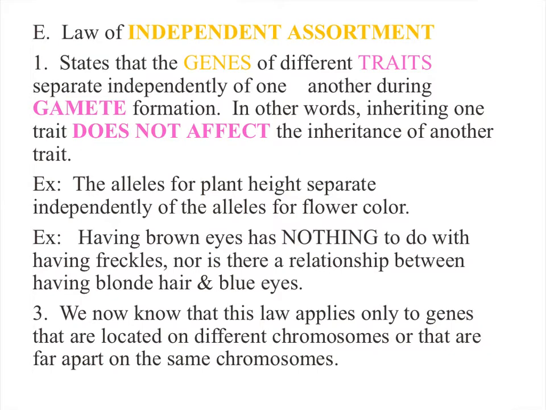It says that the genes of different traits are going to separate independently of one another during meiosis, during gamete formation again. You can see how the law of independent assortment and the law of segregation are very closely worded, because both are talking about separating independently.